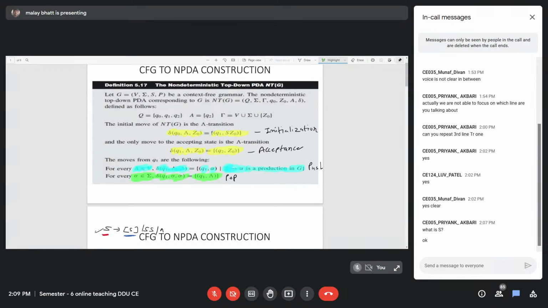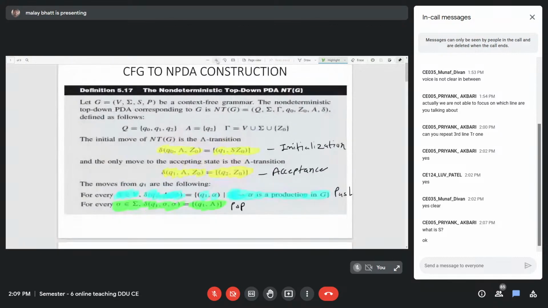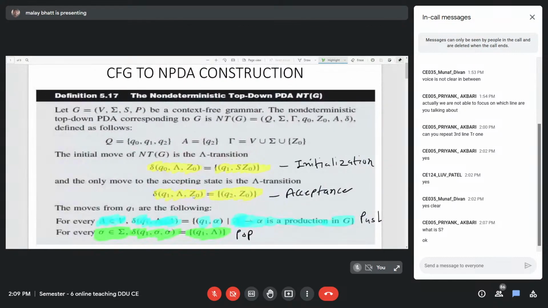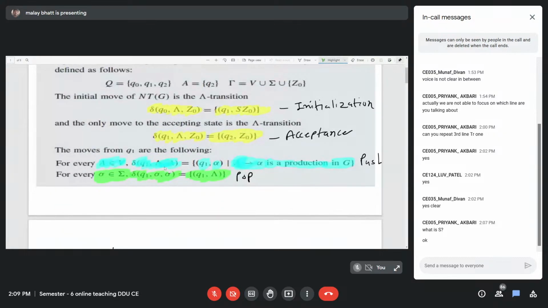These rules are recursive rules. You can see that for every A belongs to V, which is highlighted with blue color, for every non-terminal of the grammar, we'll write down the rule as Q1 null A, where A is the non-terminal of the grammar. On the stack, the move will be Q1 alpha.